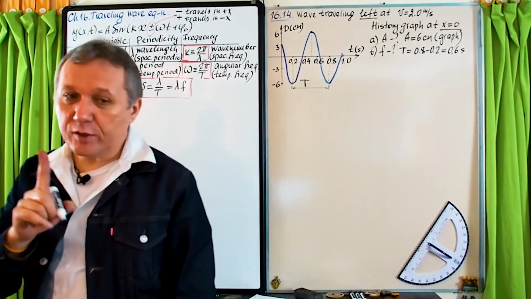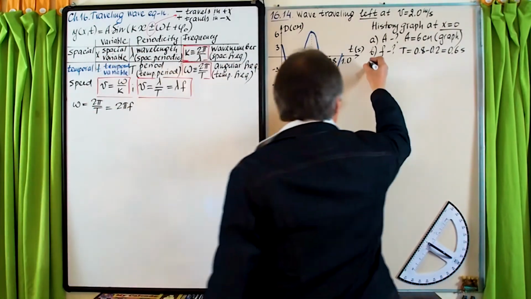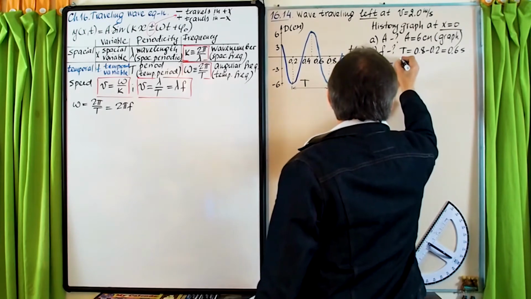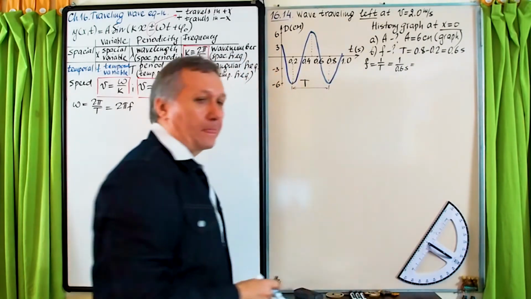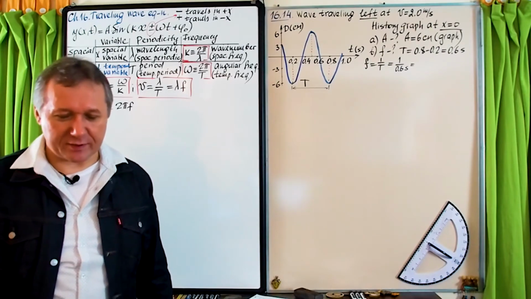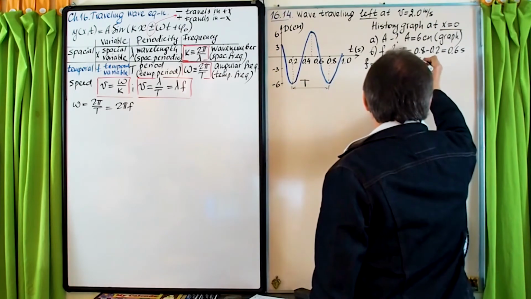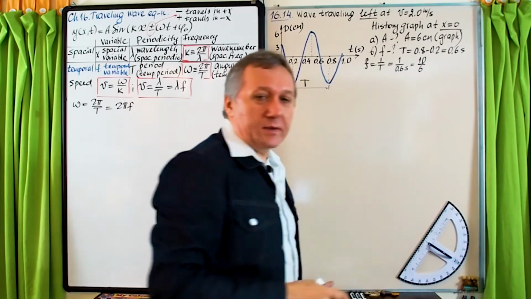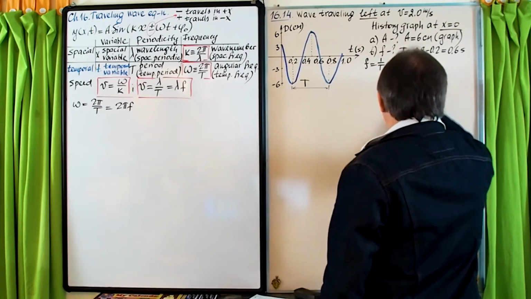That's the period, but we need to find frequency, and frequency f is the reciprocal of the period. So f equals 1 over T, which is 1 over 0.6 seconds. 0.6 is 6 over 10, so 10 goes upstairs and 6 stays downstairs. And 1 over seconds is hertz.